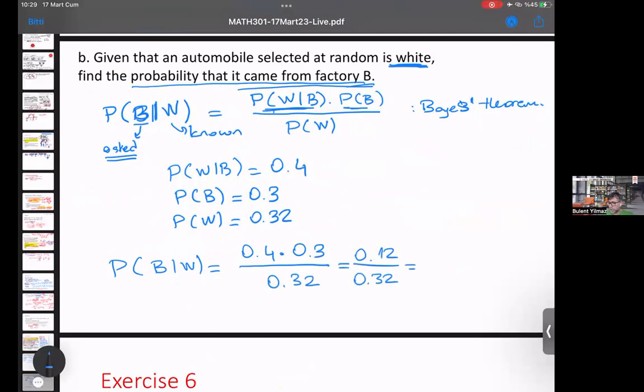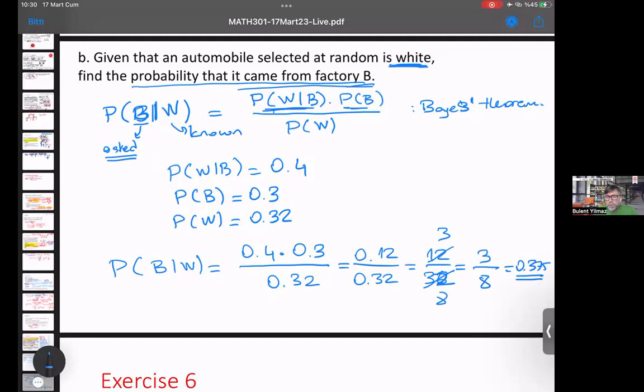It's 12 over 32. If I divide by 4, 3 over 8. The value is 0.375, 37.5%.